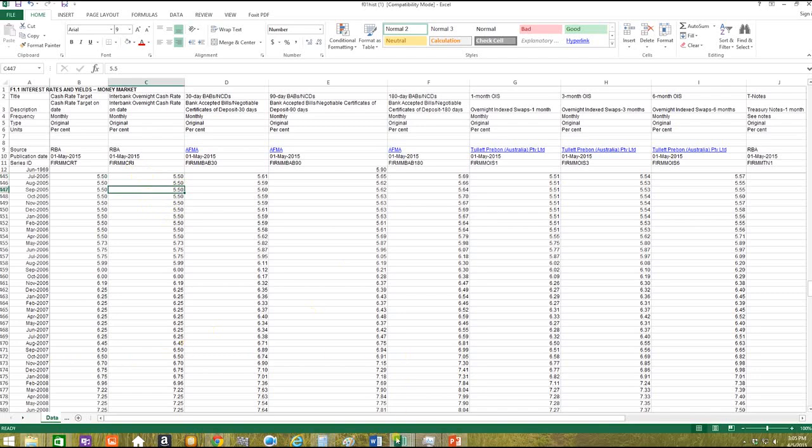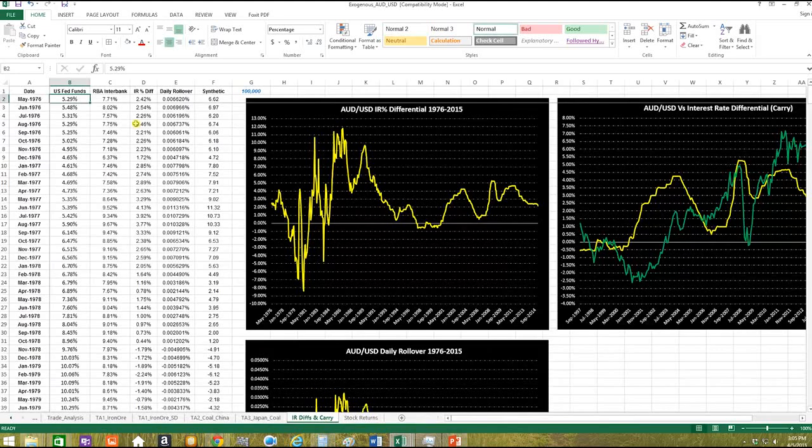So let's head over to the exogenous analysis spreadsheet again and navigate over to the interest rate differentials and carry. And what we have here is our date going up by months. We have our US Fed funds rate data, which we've downloaded. We have our RBA interbank rate data. We have our interest rate differential, which is column C minus column B, so the RBA interbank rate minus the US Fed funds rate.